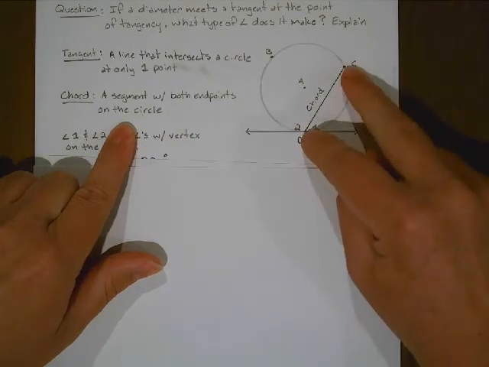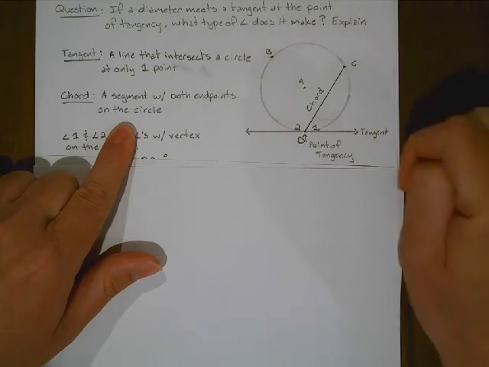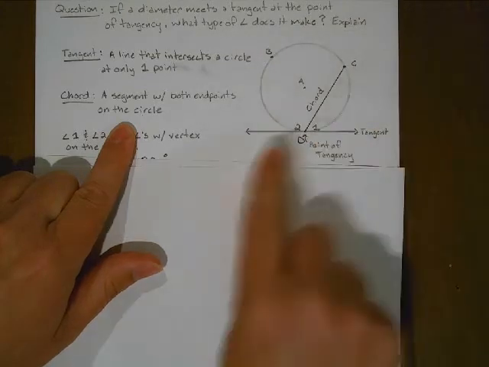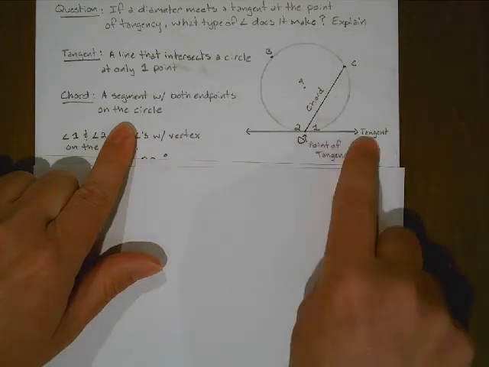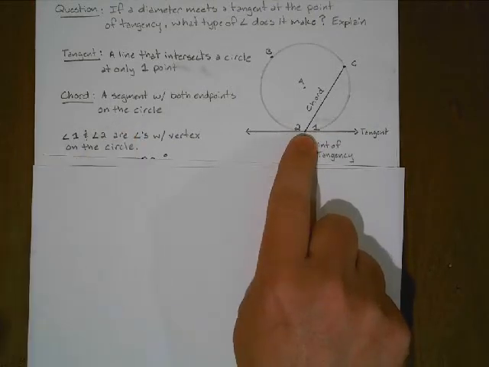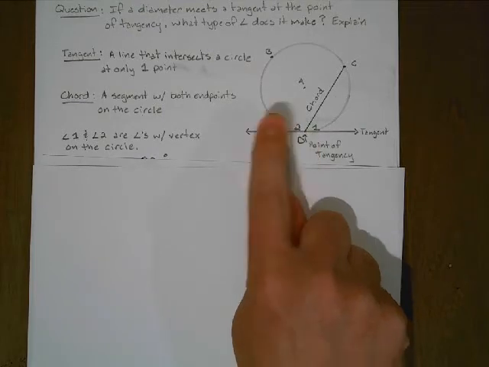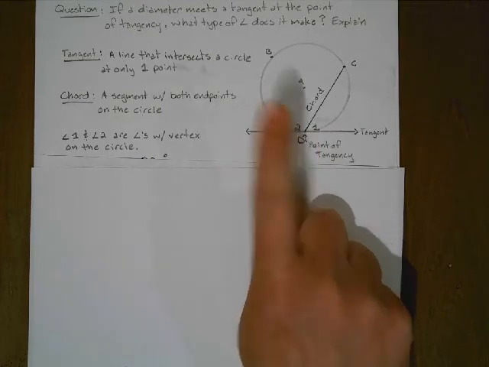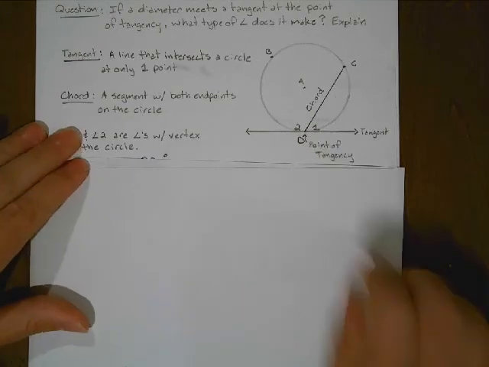So here's a chord right here because both of the endpoints are on the circle. That means a diameter is a type of chord. And then we've got a tangent, which is where the line is only touching at one point. So a chord touches the circle at 2 points, but a tangent only touches it at 1 point.